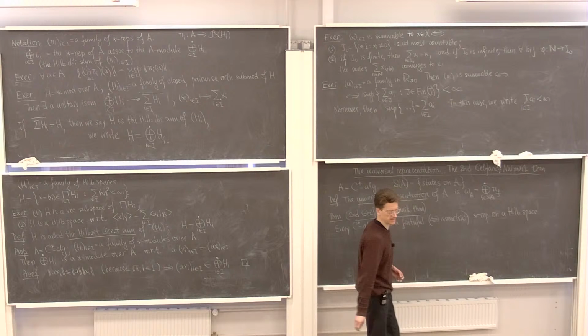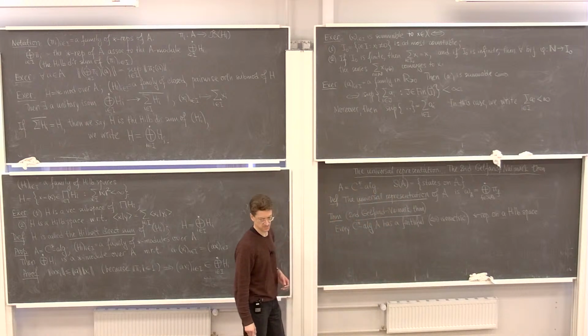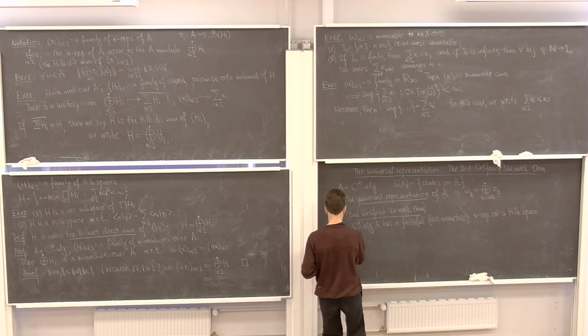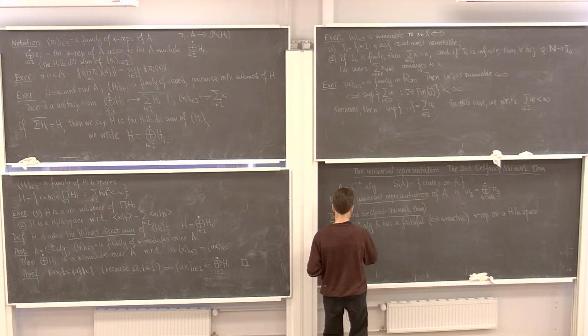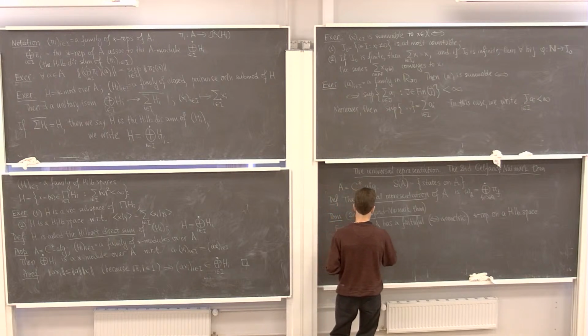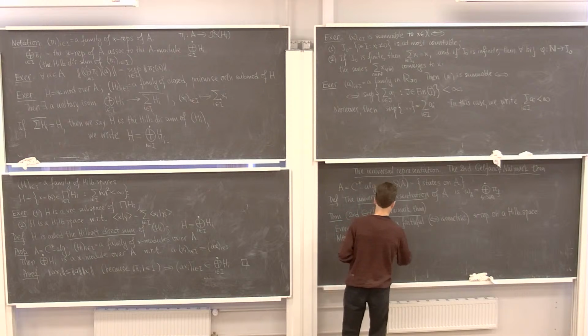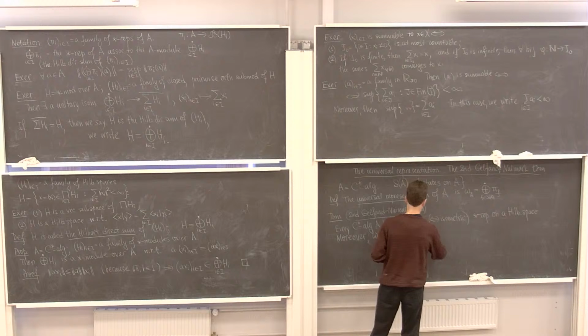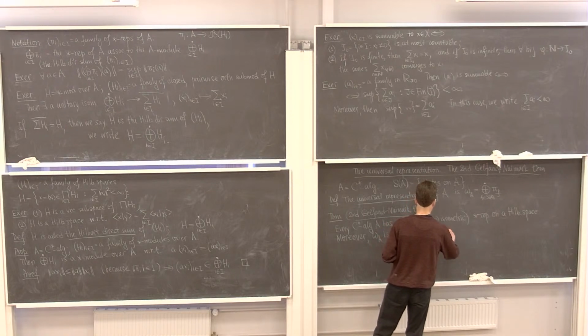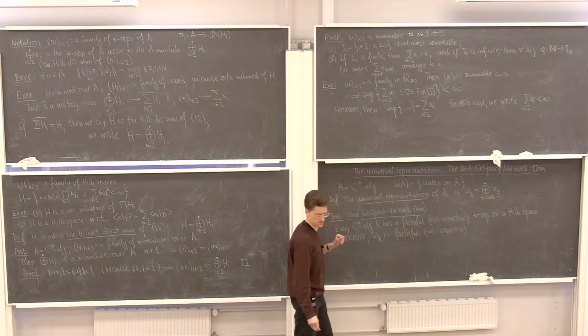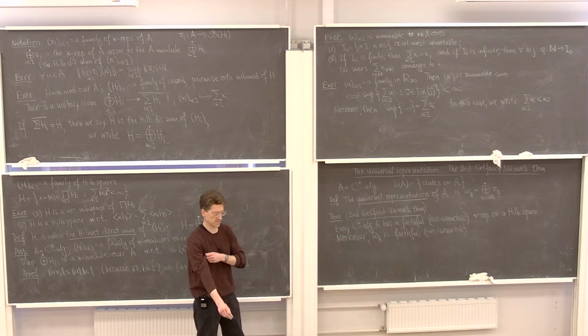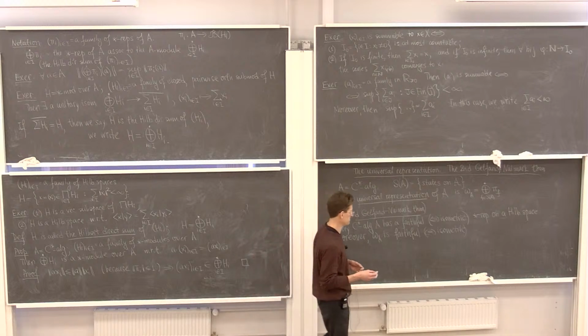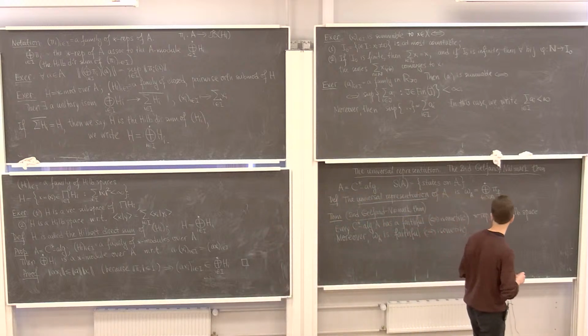More exactly, I claim that the universal representation omega_A is faithful, or equivalently isometric. In this case, these two notions are equivalent because we remember that every injective star homomorphism between C-star algebras is isometric.